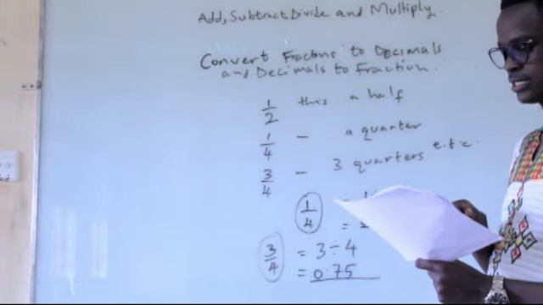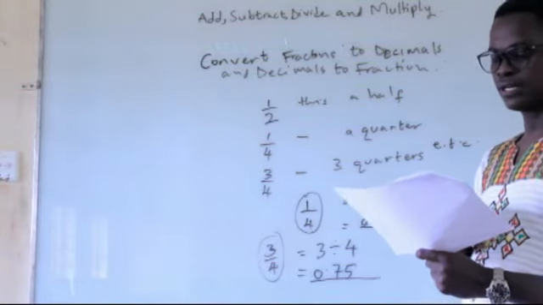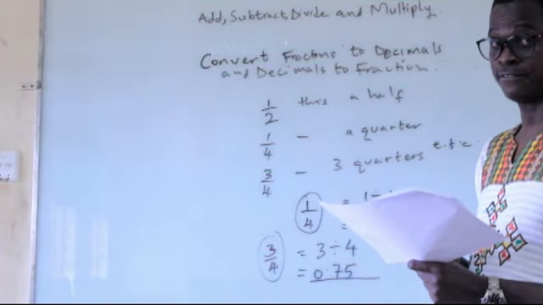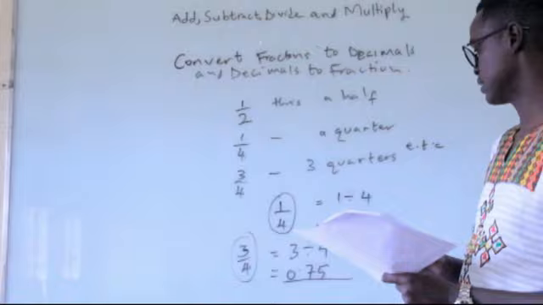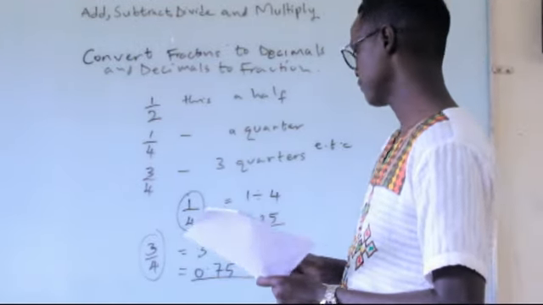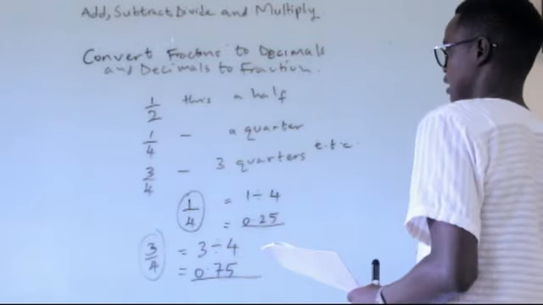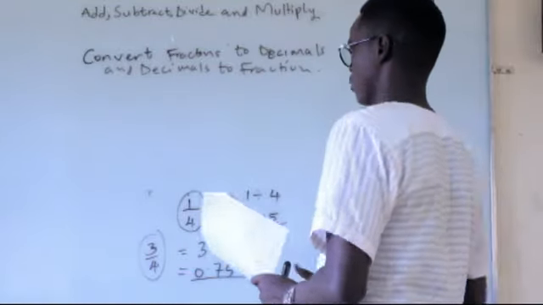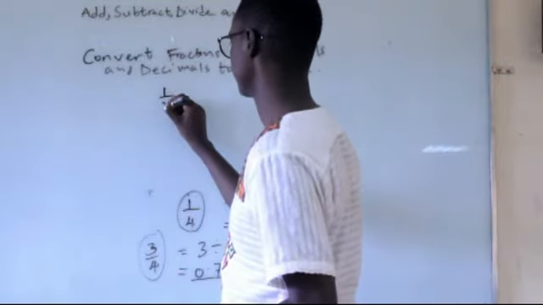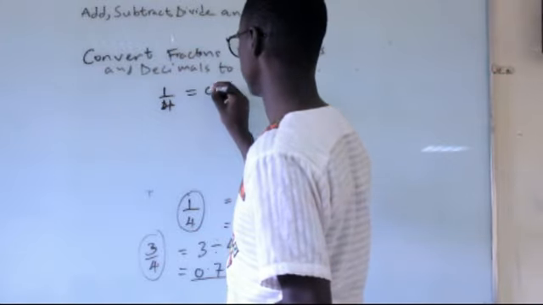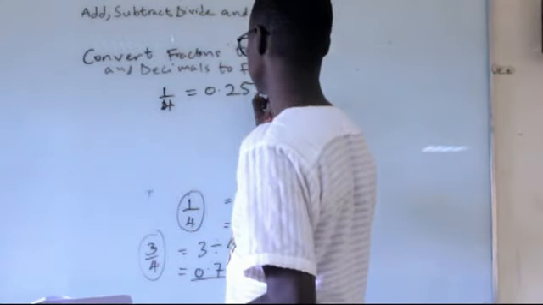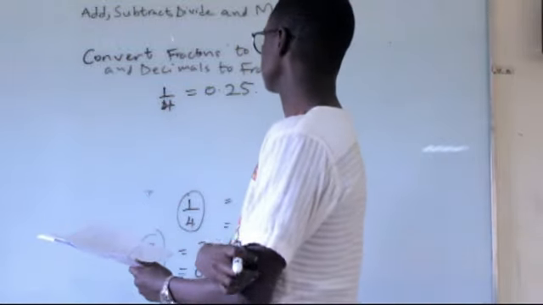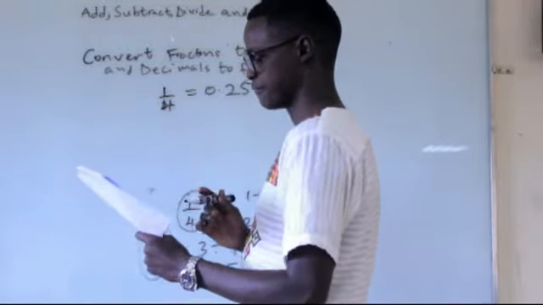And I want you to notice something about particular fractions in D and E. What do you observe? For example, if I have a fraction like a quarter, I have 0.25. It stops there. But remember, we can have some other fraction.